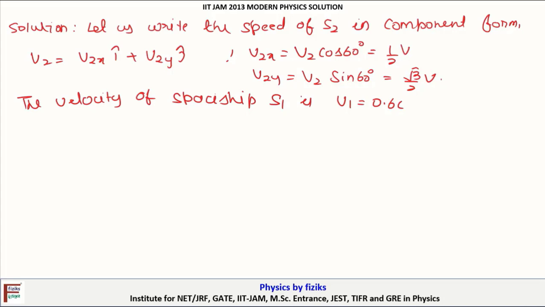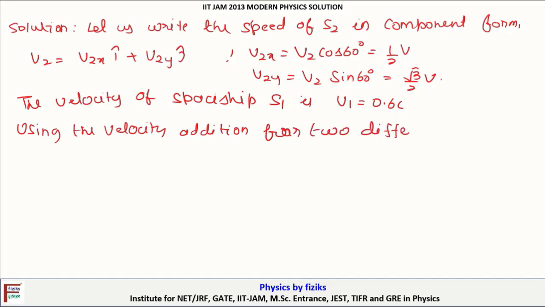Now using the velocity addition for two different velocities along the x-axis, we get, so we are determining the velocity of the particle as measured by an observer in spaceship S1.